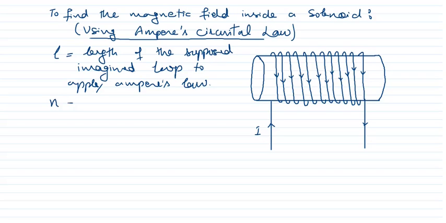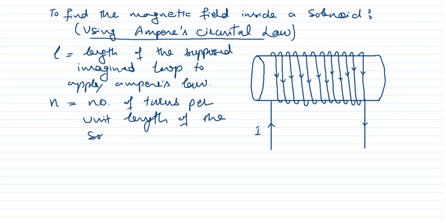N is the number of turns per unit length of the solenoid. So we have to suppose these two things, L and N.